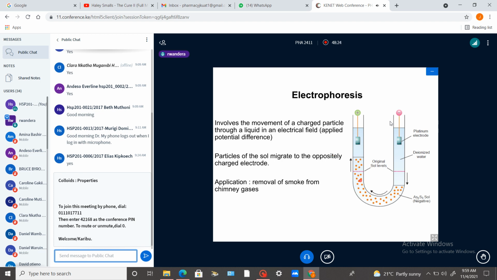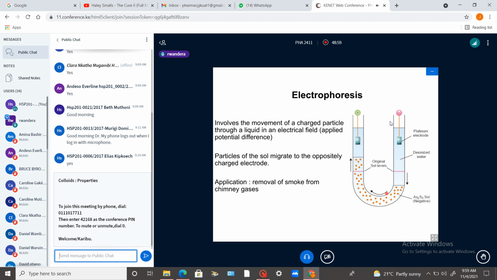So this diagram just represents this phenomenon. Now you have your negatively charged colloidal particle, colloidal sol. And when you apply a potential difference across the tube, you'll find that your negatively charged particles tend to move towards the positively charged electrode.